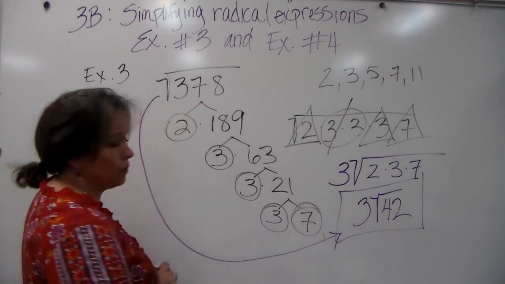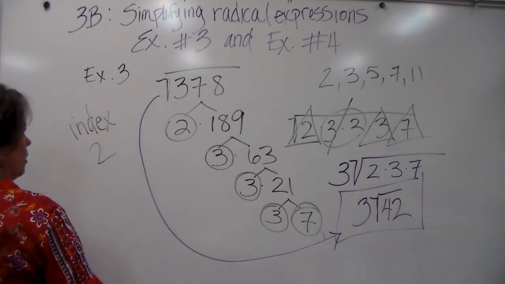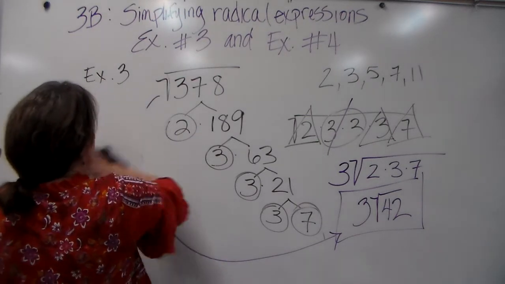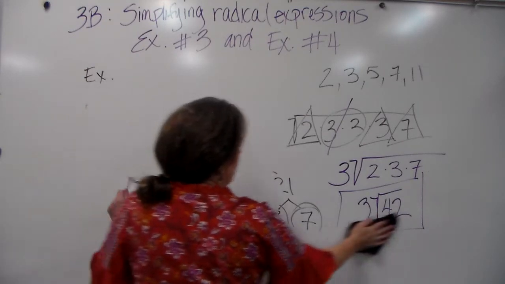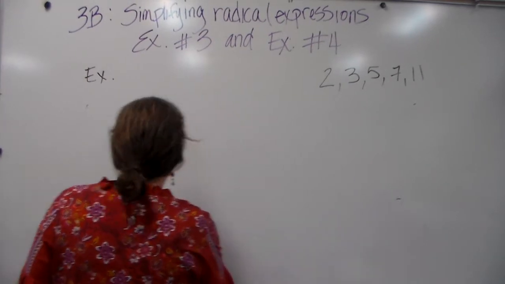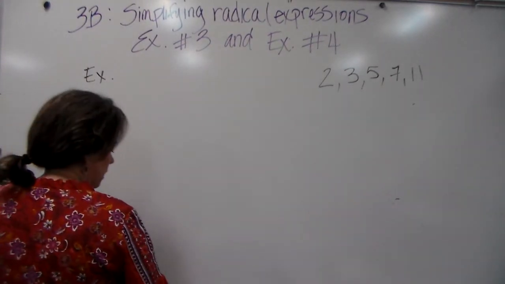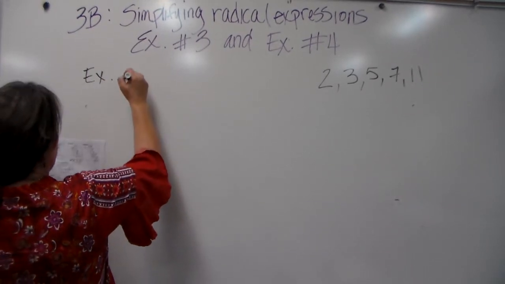Let's go ahead and do example number 4 on our notes, okay? Example number 4 on our notes. So for example number 4, we have another negative. We have the square root of negative 180. The square root of negative 180. That's example number 4.